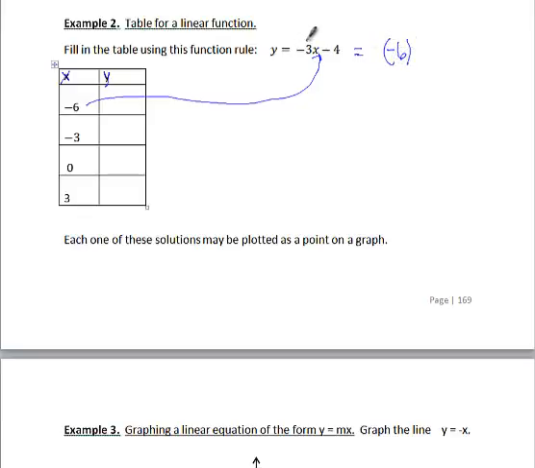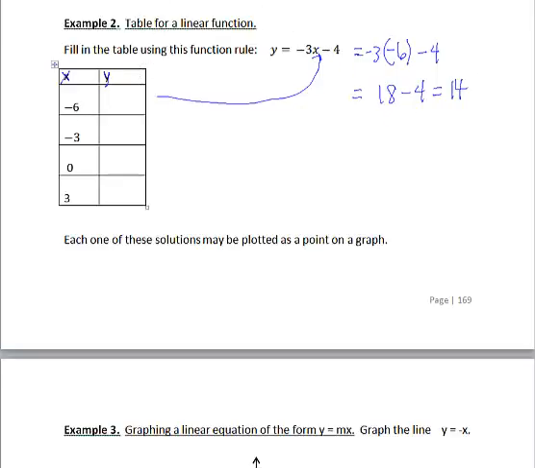Take -6, multiply it by -3, and then subtract 4 from that. And so that is our rule. That's how we relate an x value to a y value. So -3 times -6 gives me 18, minus 4. I subtract 4, I get 14.